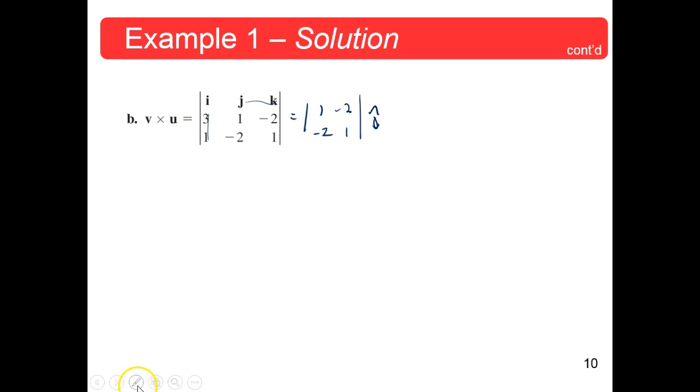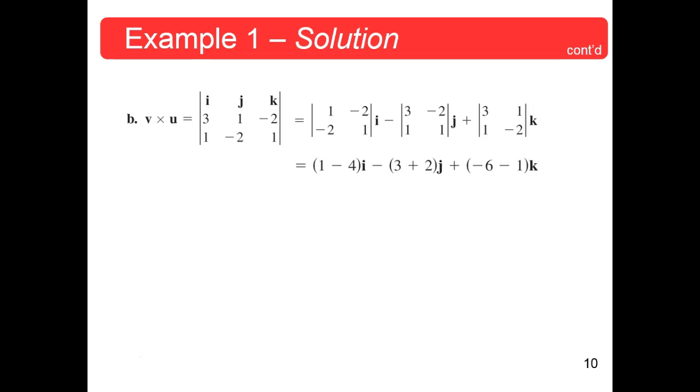So I'm going to erase what I just did, and you'll see they do the same thing, writing the i a little better, though. The i is there, the j negative in front, and then the k. You get each of them by wiping out the row and column for that unit vector, and then you get the determinant.